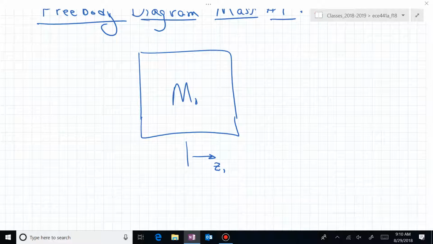So don't get too hung up on, oh, I don't know if I picked the positive direction of this mass properly. That's not important. The important point is writing the equations consistent with the way that you've labeled the diagram. Is that clear? So the fact that I've labeled all of these to be going positive to the right is helpful, but it's not necessary.